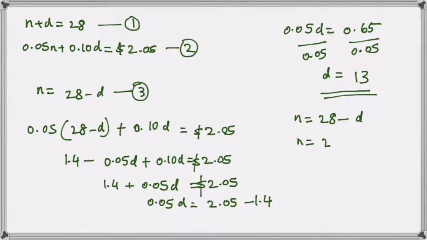So n equals 28 minus 13, so n equals 15. Now we got d and we got n. We found the values of two variables using two equations.